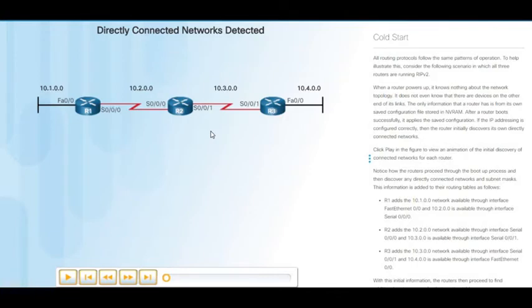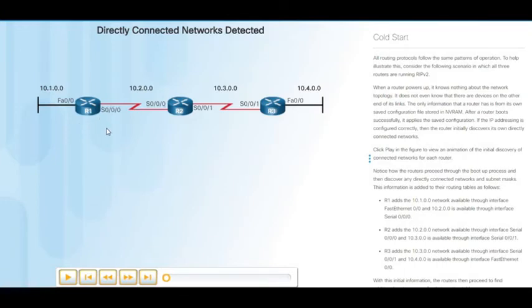At first, it knows nothing about the network topology. So when you configure the IP addressing, for example on interface FA0/0, enter IP address 10.1.0.0 with the subnet mask, enter, no shutdown.